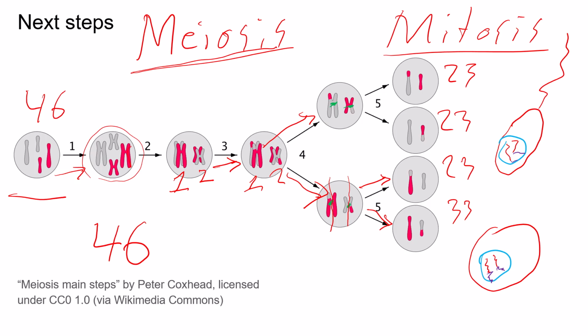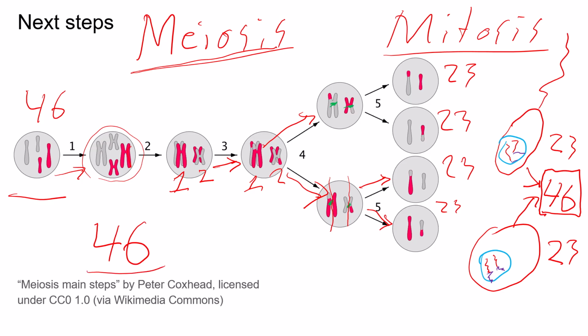So in dad's sperm cell, there are 23 chromosomes, and in mom's egg cell, there are 23. And when they come together, they make one cell that has 46. And 46 is what we need to be a living human being.